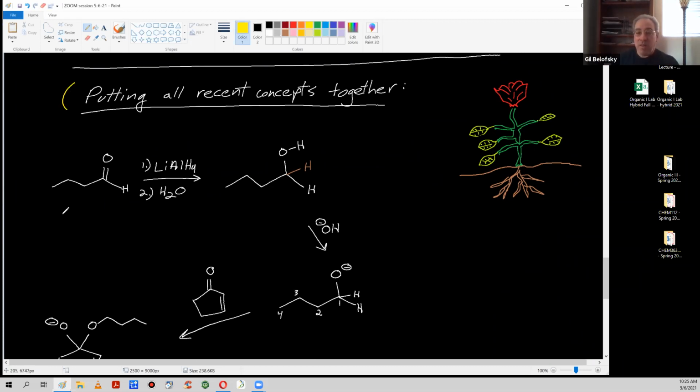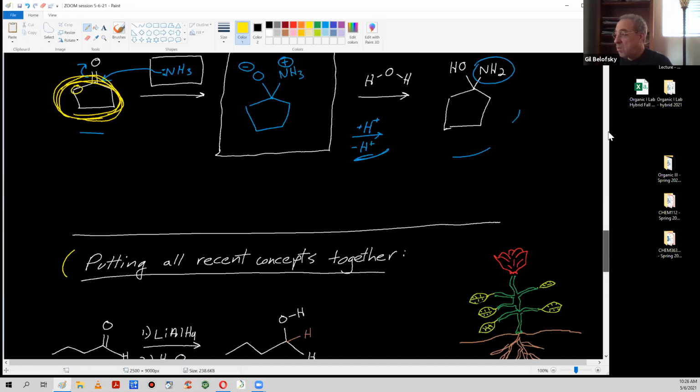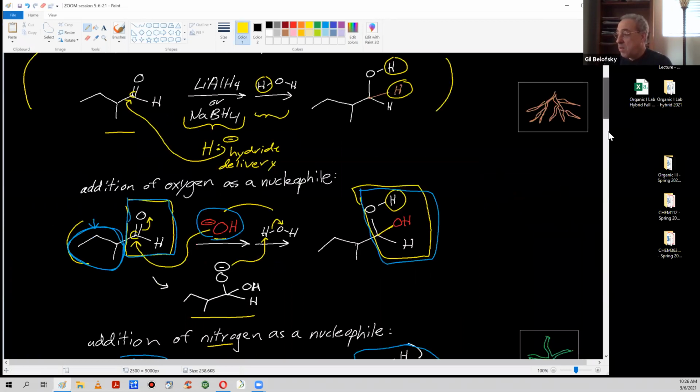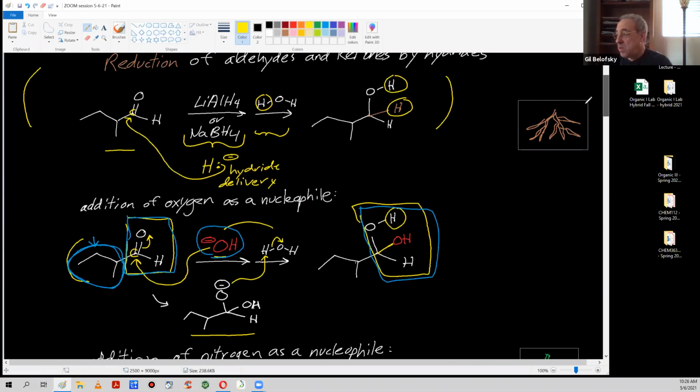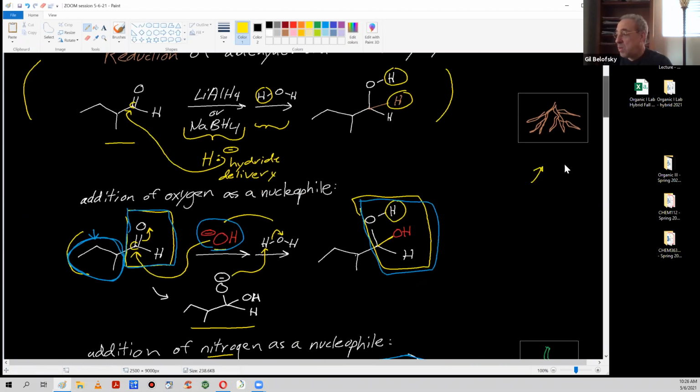We do learn all these things one by one, and then we move on to the next thing, often without really showing how they all could fit together in the science of organic chemistry. I don't know if you noticed, as I've been scrolling down, we had some pictures on the side here. There's that one there. This one here.